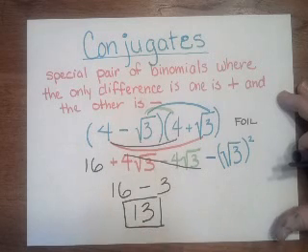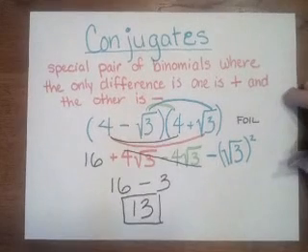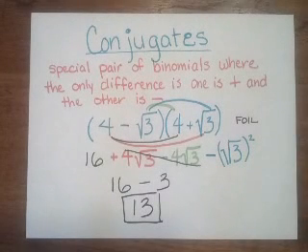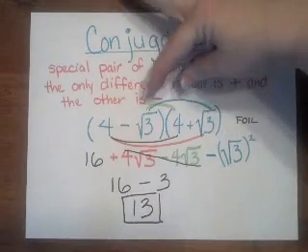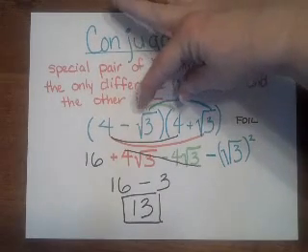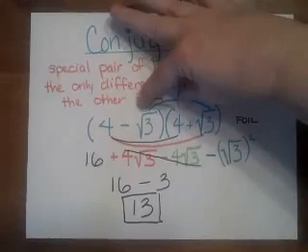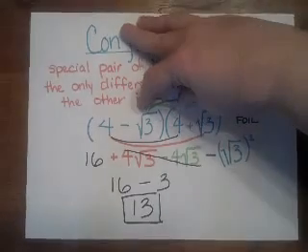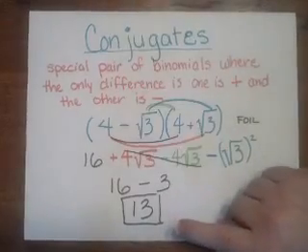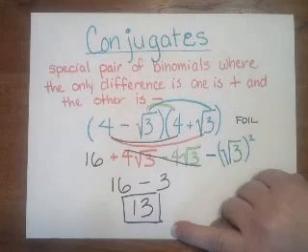I have just gone from an irrational radical expression, or the multiplication of radical binomial conjugates, and come up with a rational number.